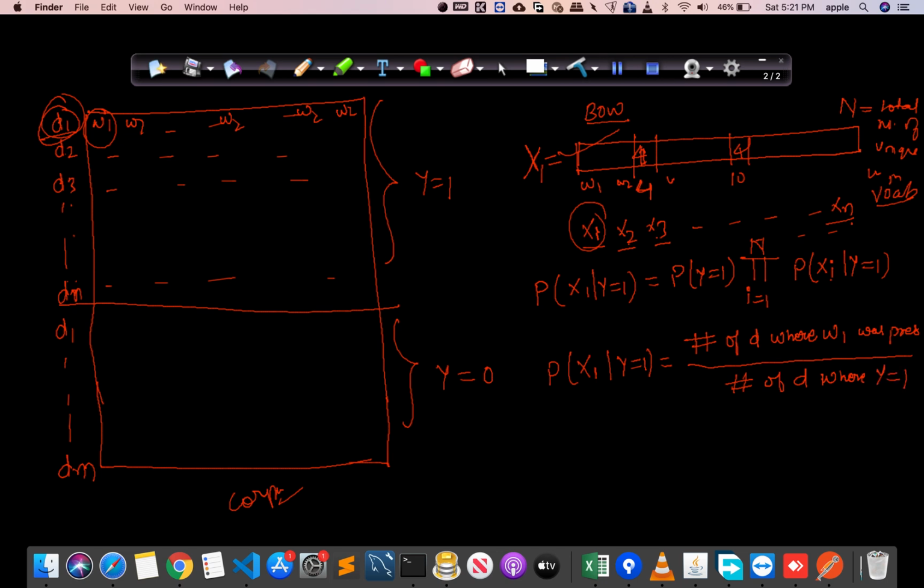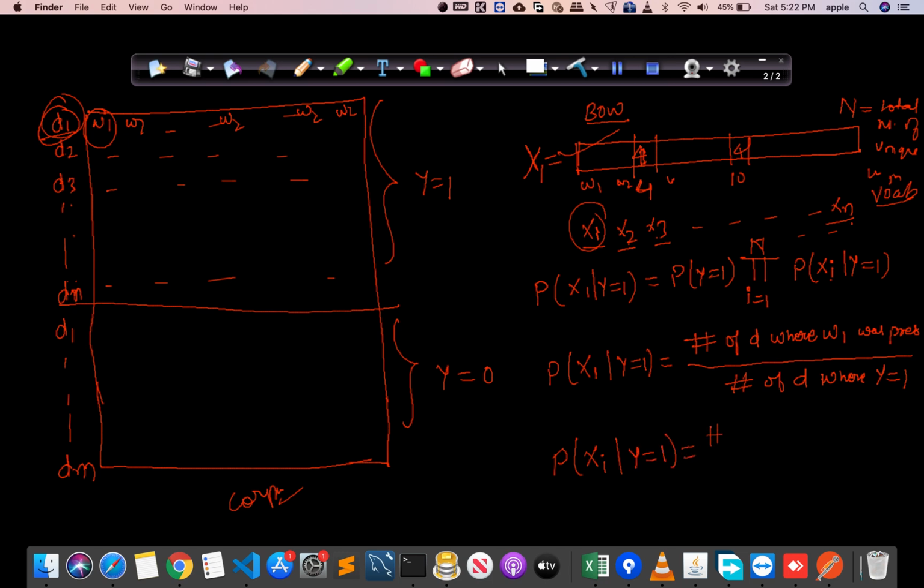Simple. So the probability of x1 given y equals 1 is, simply, we count in how many documents W1 was there when y was 1. So this is simply learning the pattern of in how many documents generally W1 occurs. Okay, and so on, for every word we can calculate this.